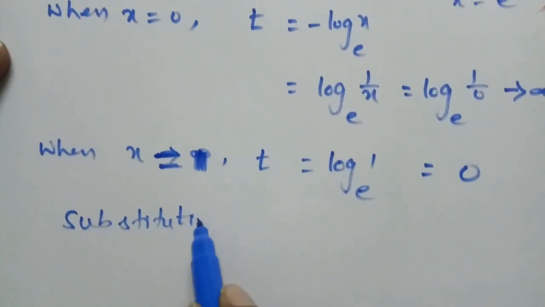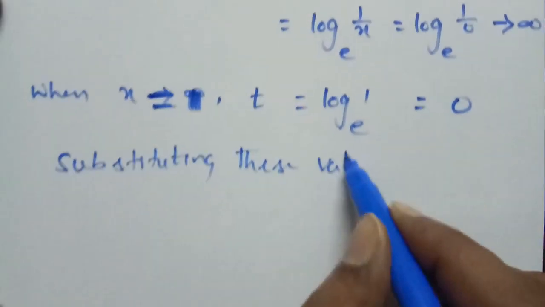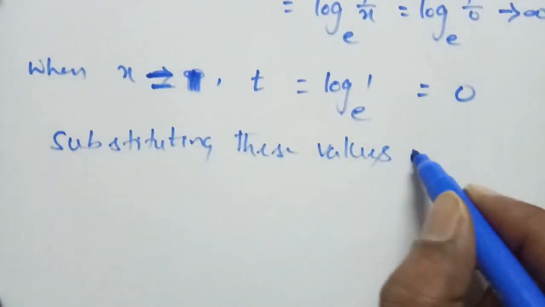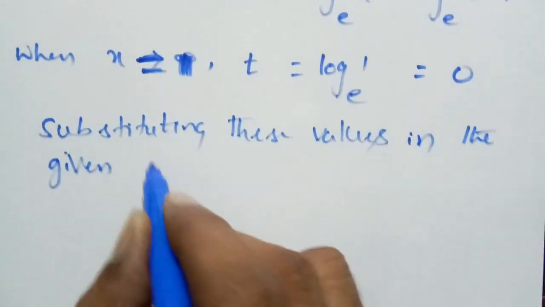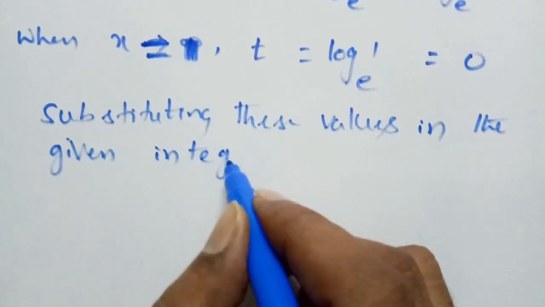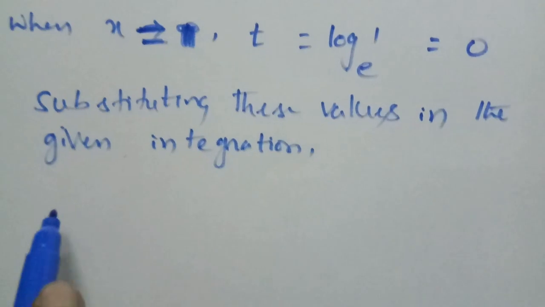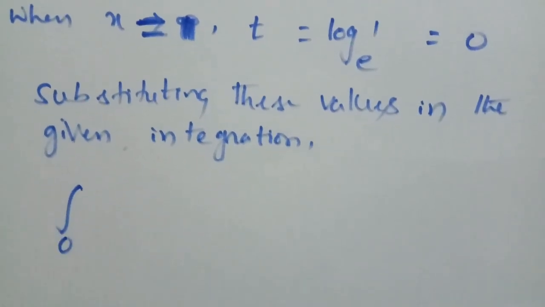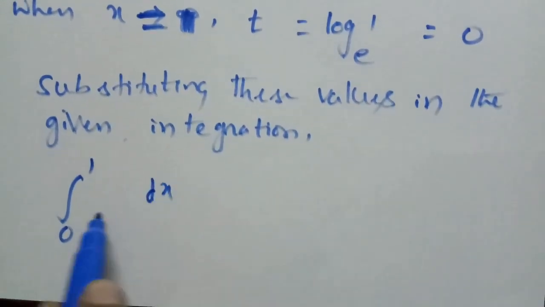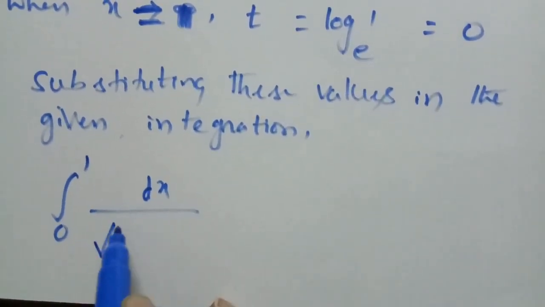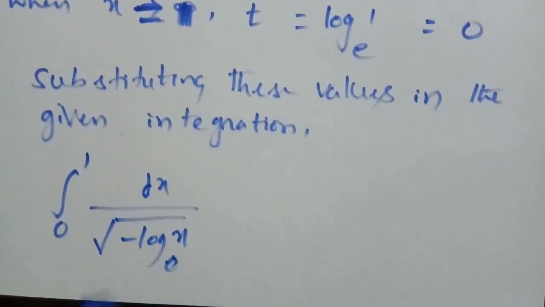it becomes integral 0 to 1 dx by square root of minus log x base e.